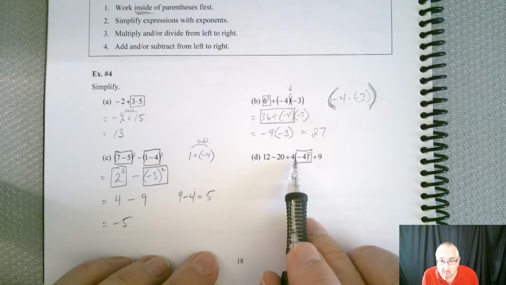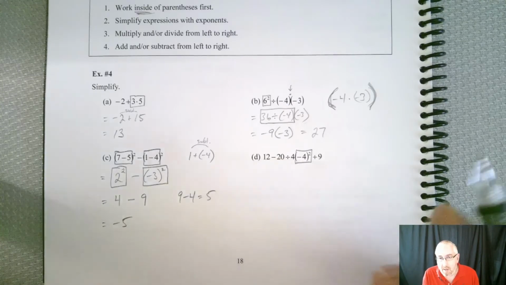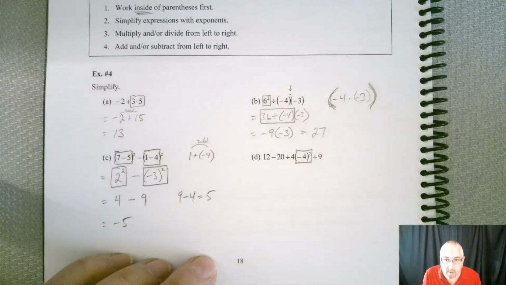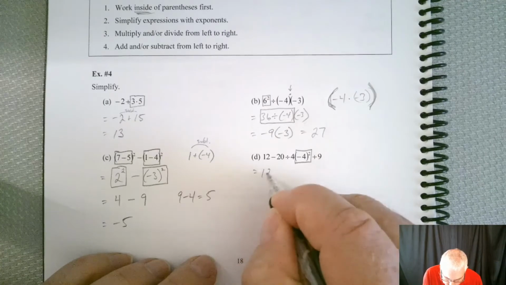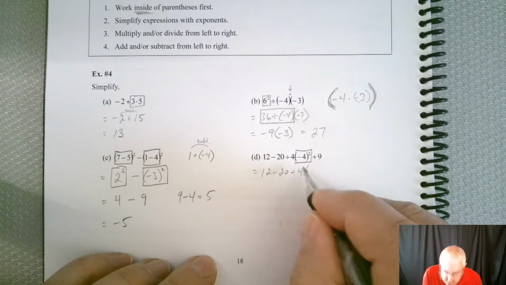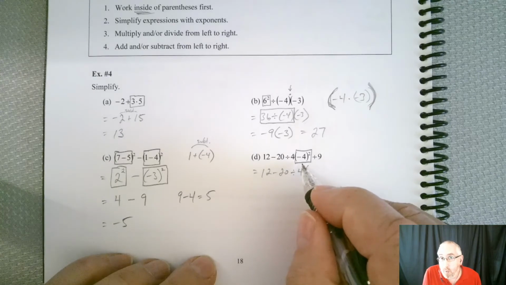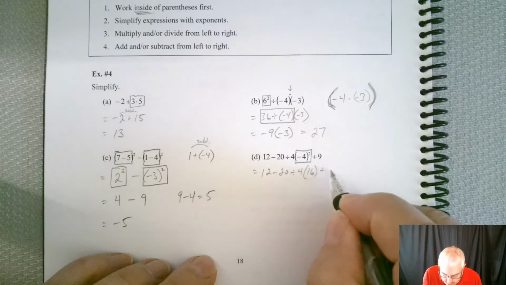And remember, this is multiplication here, so we can't really do that until we know what's going to happen inside of here. So let's just go and write it all down. And we can say 12 minus 20 divided by 4, negative 4 times negative 4, which had better be positive 16, plus 9.